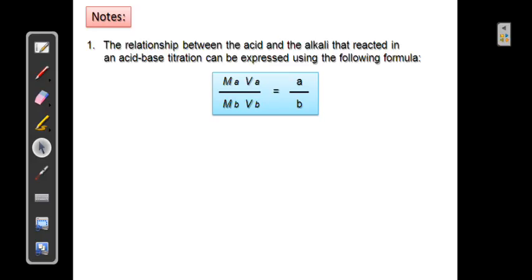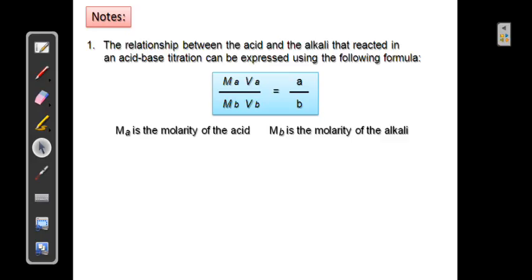MA is the molarity of the acid, while MB is the molarity of the alkali. Always remember that A is always acid, B is always alkali, and M stands for molarity.